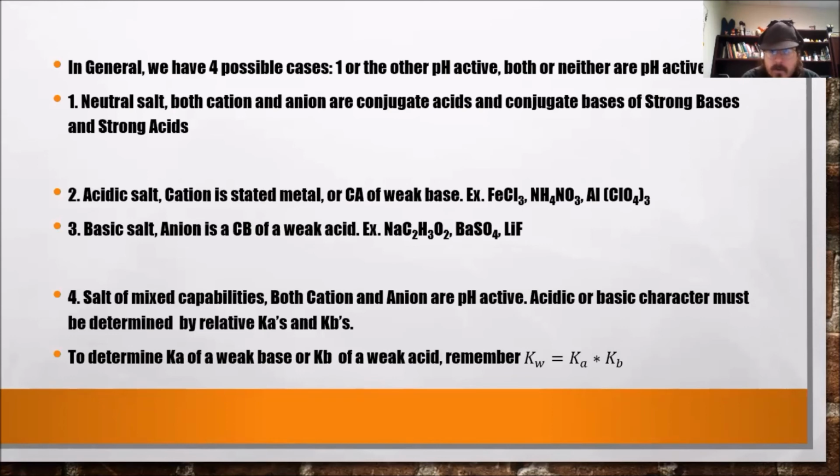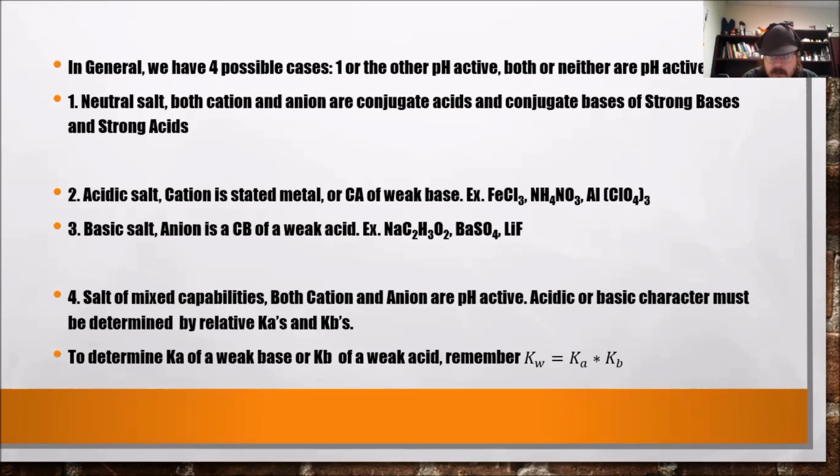So we have to put a hydrogen on and see, does this look like one of our few strong acids? Does this look like one of our few strong bases? If so, that means it's not going to affect pH. So sodium chloride, not going to affect pH. Potassium iodide, not going to affect pH.